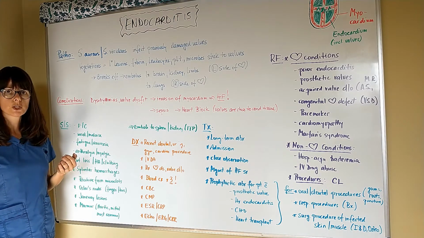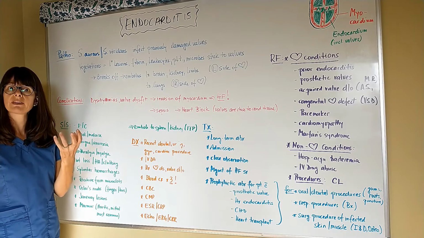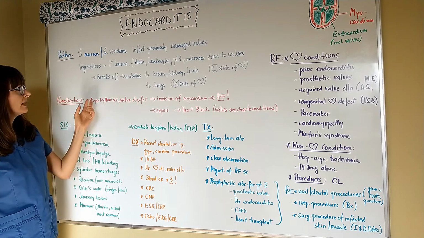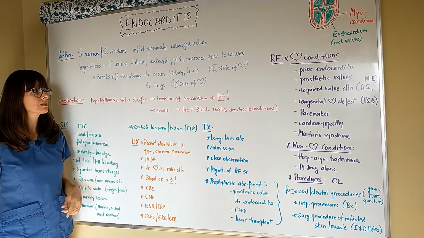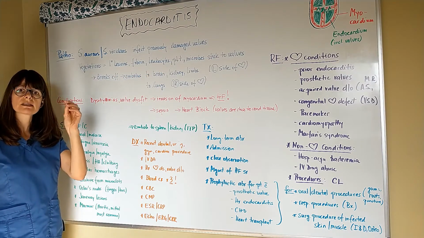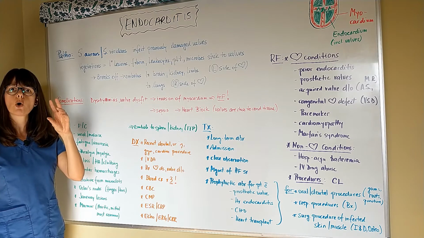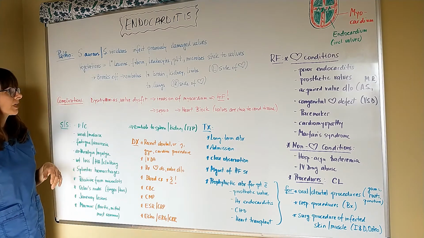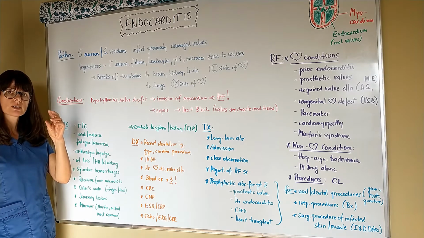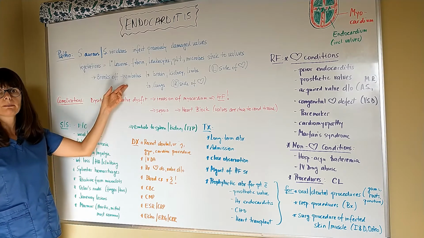That then forms vegetations, which basically is like a vegetable growing on the valve that consists of primary lesions, fibrin, leukocytes, platelets, and microbes that then stick to the valves, preventing it from opening and closing effectively.